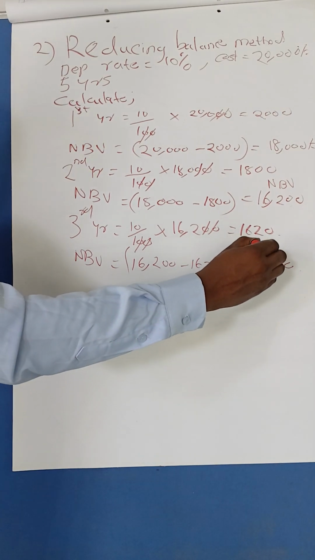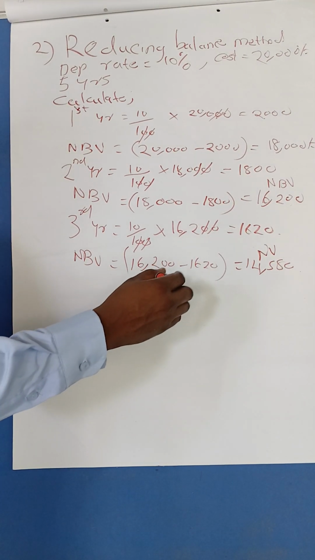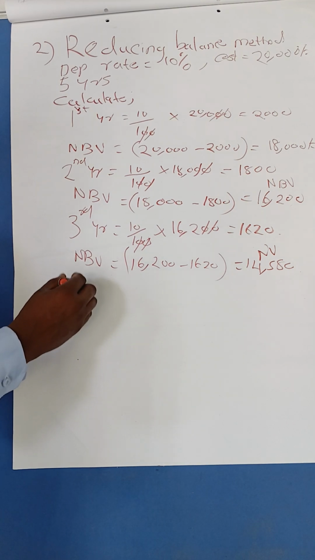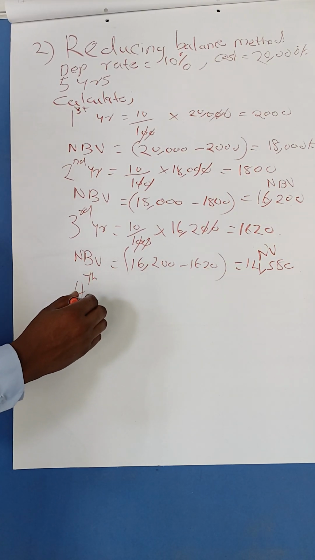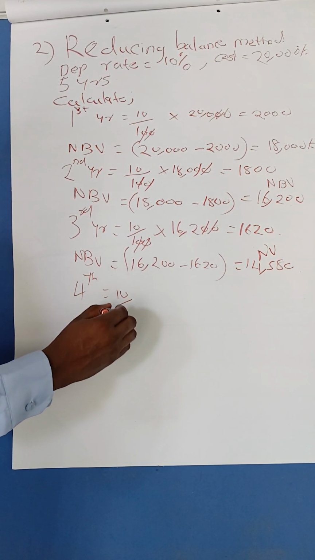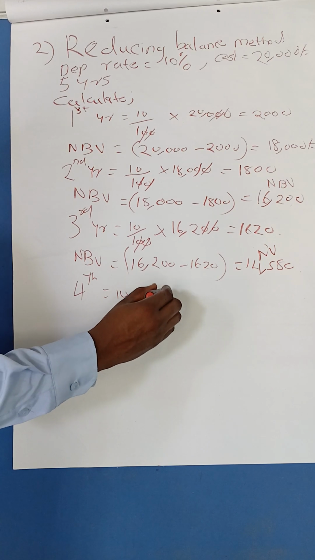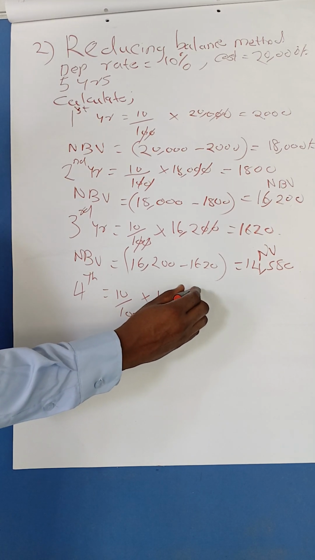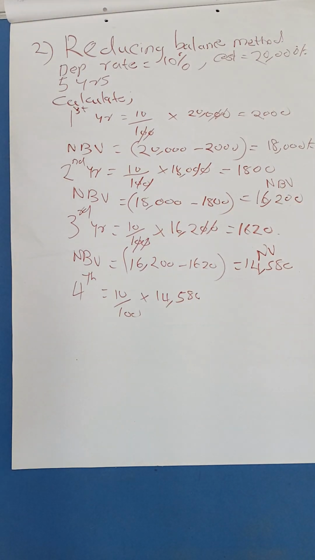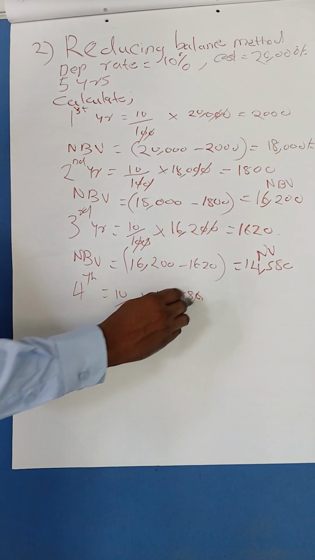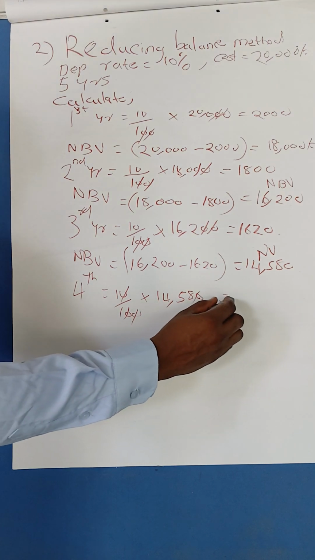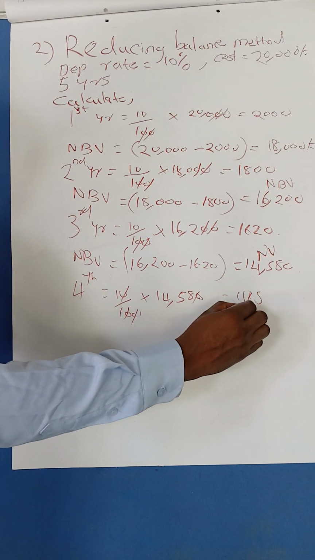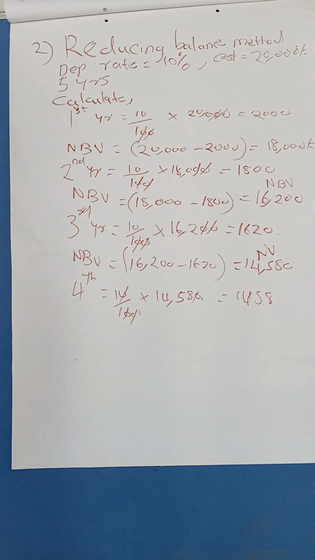The depreciation cost for the fourth year will be 10% of 14,580. It will be 1,458.